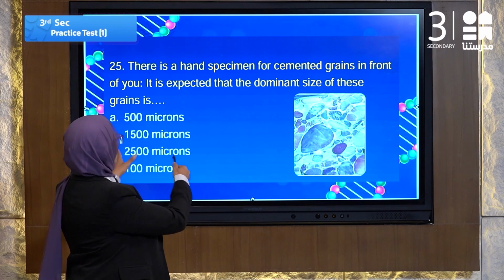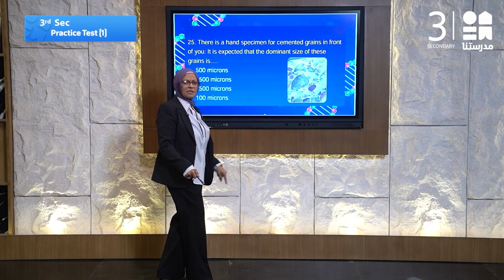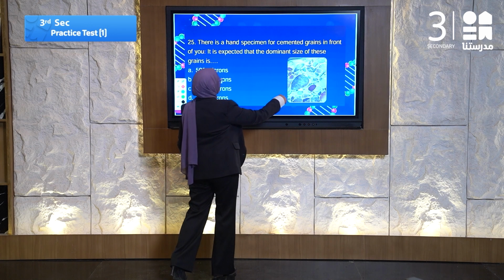What does the question ask? There is a hand specimen of conglomerate grain in front of you. That's the picture. It is expected that the dominant size of this grain, dominant size means the biggest one, that appears in this figure.